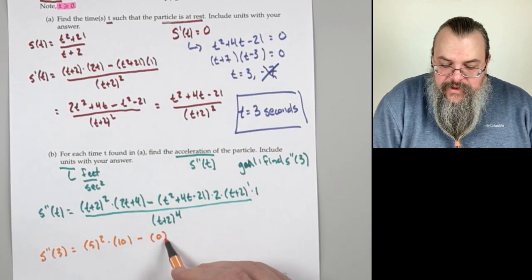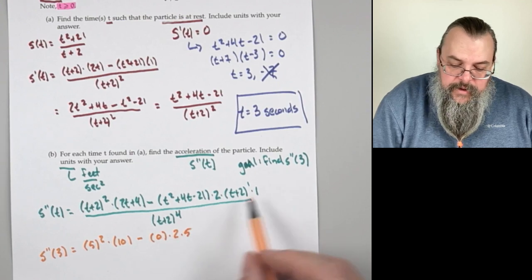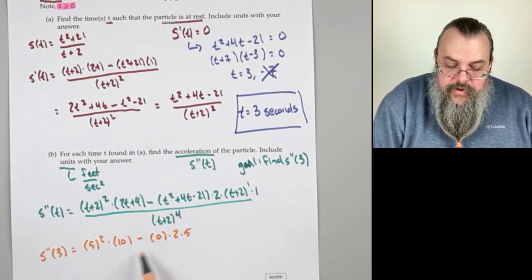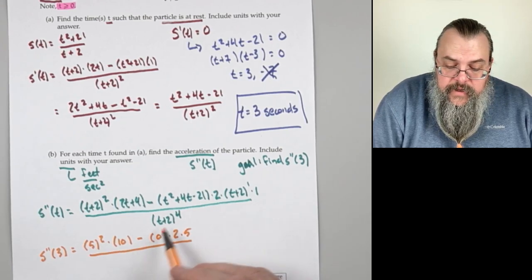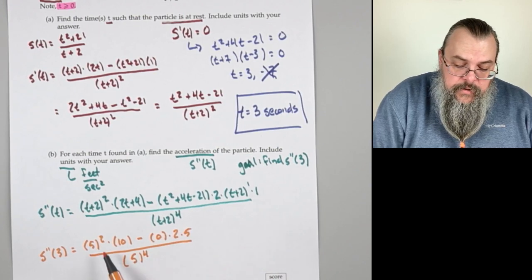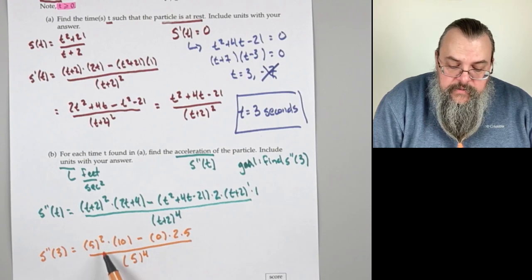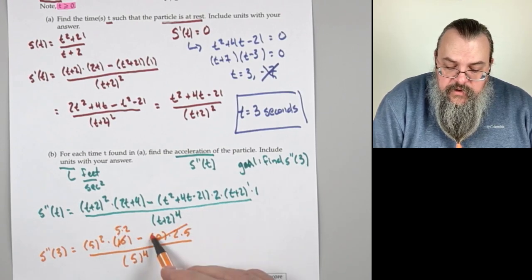So we're going to get 0 times 2 times 5. Well, we don't really care. Once it's 0, it's 0. And then downstairs, well, we have 3 plus 2 is 5 to the 4th. Well, we can cancel off. In fact, really, if you think about 10, that's 5 times 2. Of course, all this goes away.